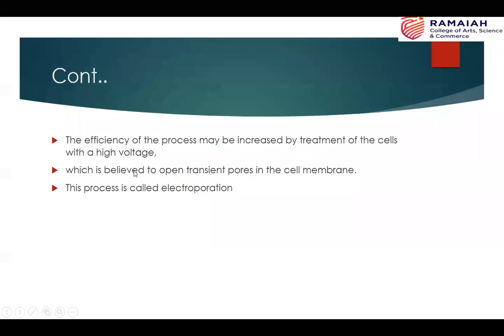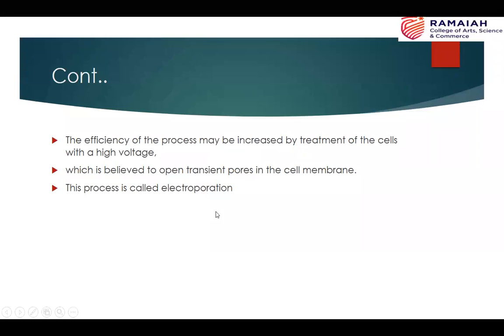So you can increase the efficiency of this process by treating the cells with high voltage current. When you treat the cells with high voltage, what happens? That opens up the pores in the cell membrane. When the cell membrane pores are opened, then the take-up of DNA by these cells will be done with better efficiency.